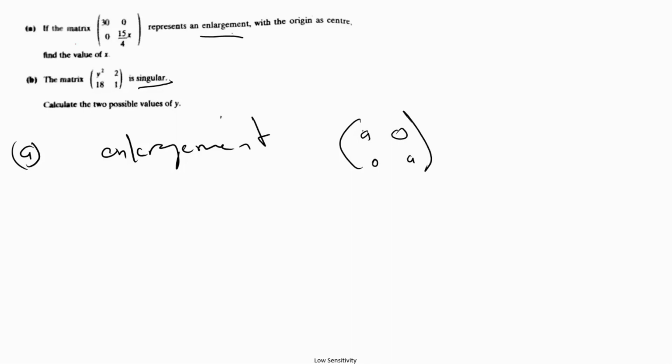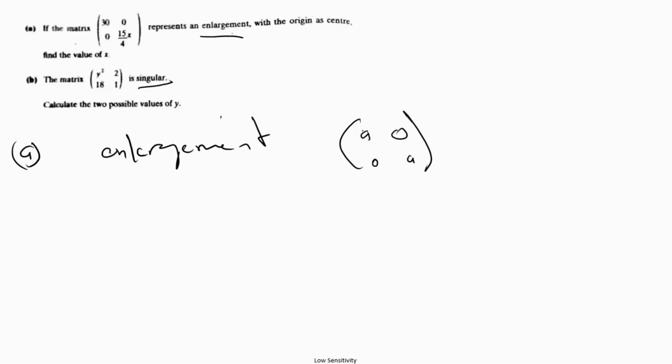But before we do that, we want to understand what an enlargement means. If you have an enlargement, it's going to be of the form A, 0, 0, A. This allows us to enlarge in equal directions to get the new position.